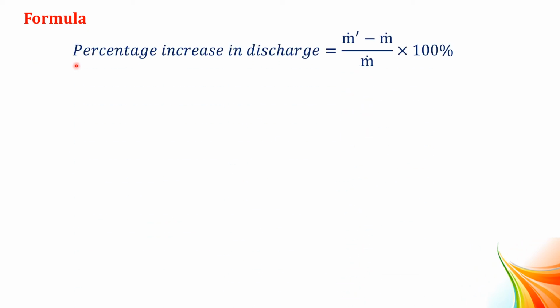Now we have to write the formula required for solving this problem. So the first one is percentage increase in discharge equal to m dot dash minus m dot divided by m dot into 100%.